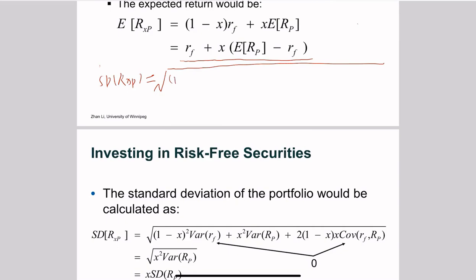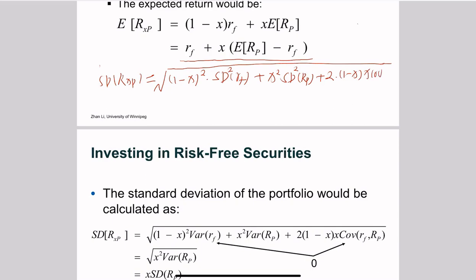And the combined portfolio has two components: the risk-free asset with a portfolio weight of 1 minus X and the all-stock portfolio with a portfolio weight of X. According to the formula we have learned, the variance of this combined portfolio is the portfolio weight of the risk-free asset squared times the standard deviation of the risk-free asset squared, plus X squared times the standard deviation of the all-stock portfolio squared, plus 2 times the portfolio weights times the covariance.